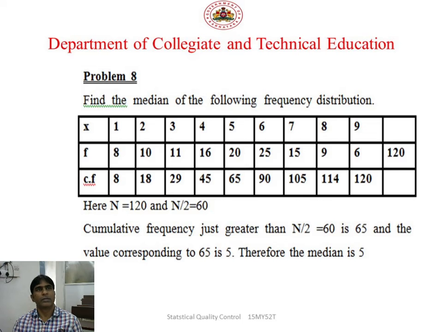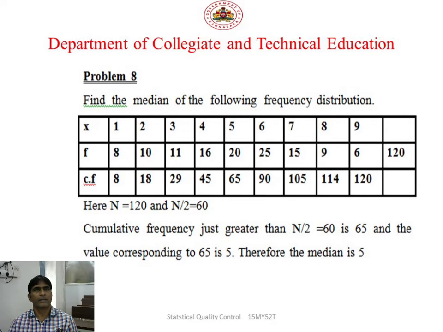The frequencies f are 8, 10, 11, 16, 20, 25, 15, 9 and 6.